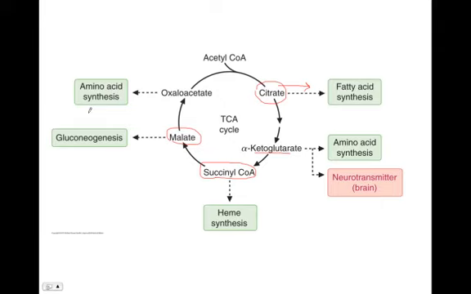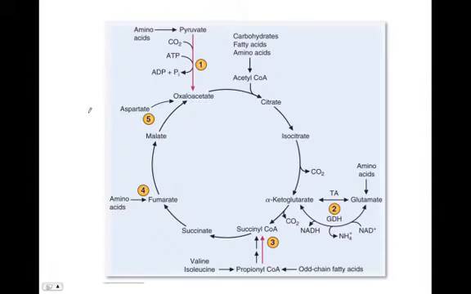So as these intermediates are being pulled out of the TCA cycle for alternative processes, there are something referred to as anaplerotic reactions that refill these intermediates. These reactions are shown here.